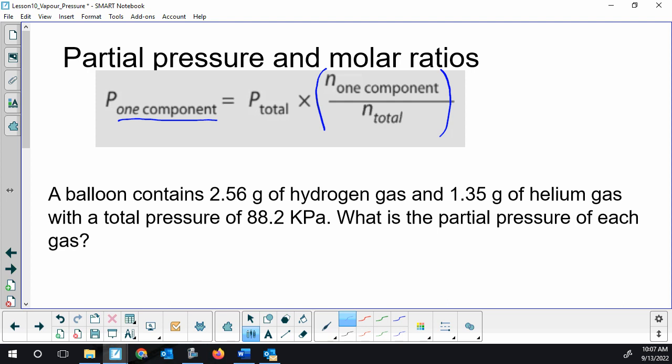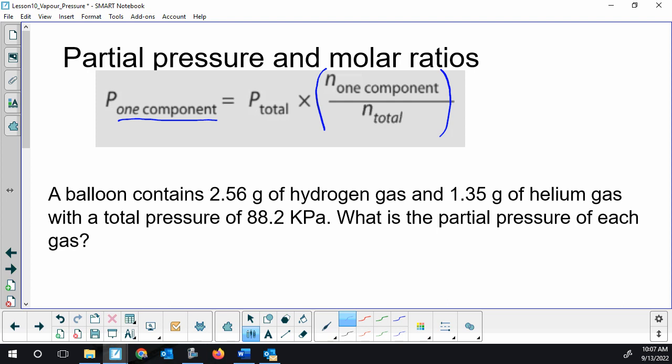So hopefully, when I see that, I'm thinking of a percent, but it's not a percent. A percent is how much you have divided by the total times 100. This is just how many moles you have divided by the total, not times 100. So that in blue brackets isn't a percent. What would we call it? It's a decimal version of a percent.